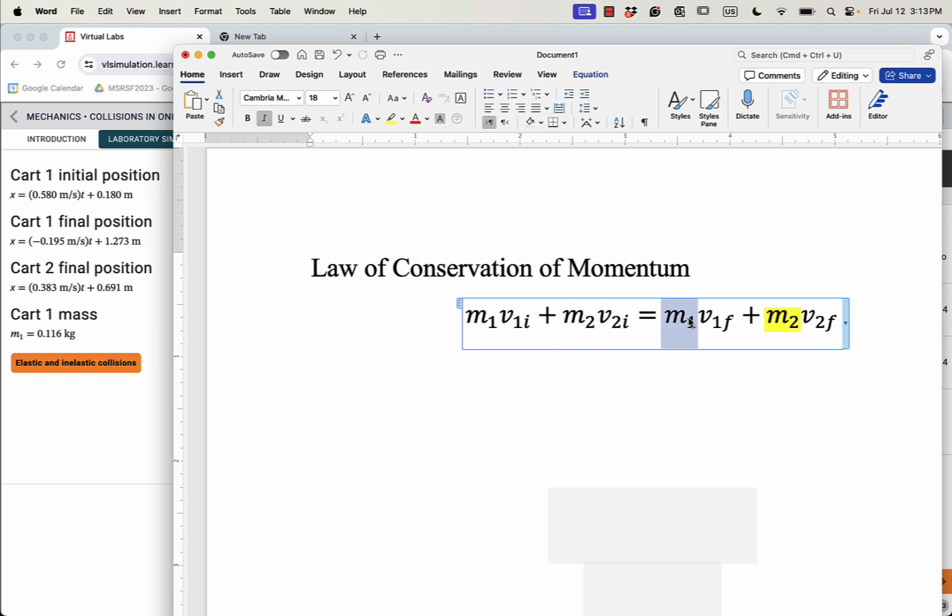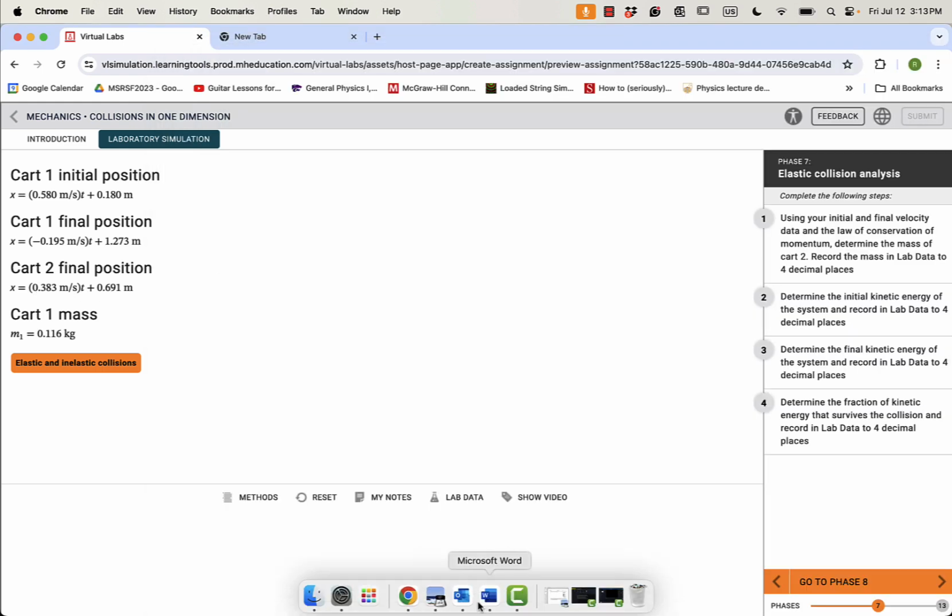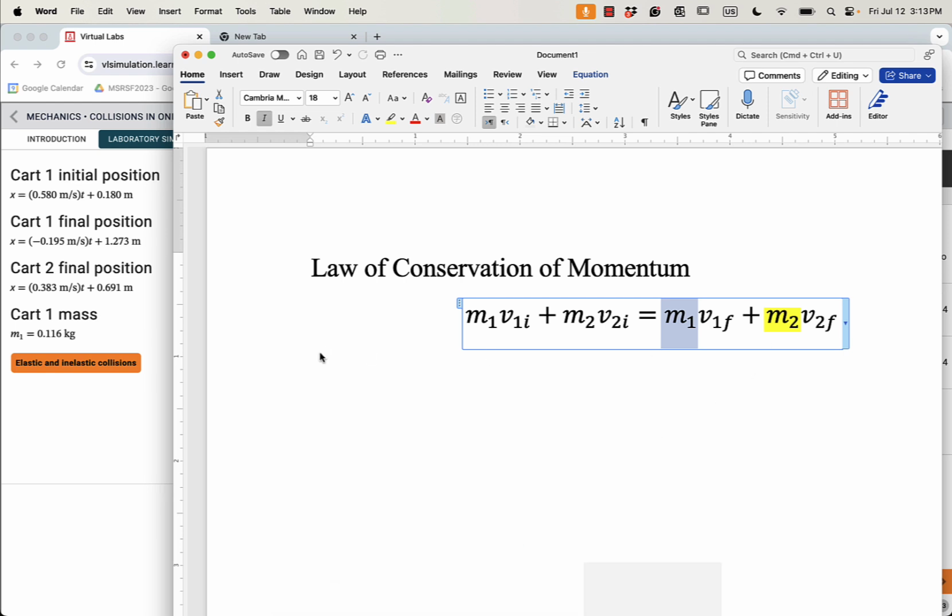m1 is again 0.116, and v1 final is negative 0.195, so plug that in for v1f. Then m2 is unknown, we are finding that, and v2f is 0.383 meters per second.